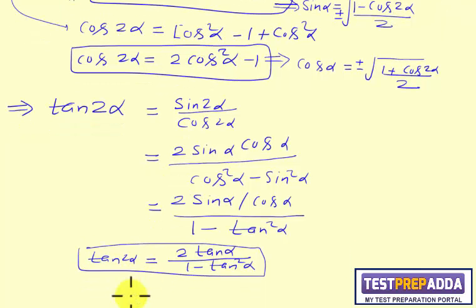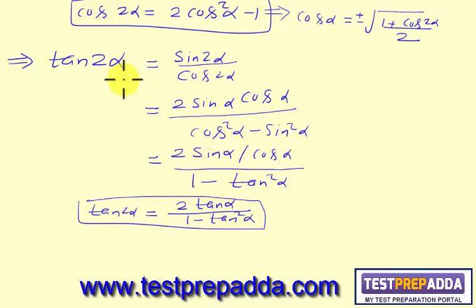Okay, this you can get with the help of the formula which we have learnt earlier, tan A plus B. Tan A plus B is tan A plus tan B upon 1 minus tan A tan B. So from there it becomes 2 tan alpha upon 1 minus tan square alpha.